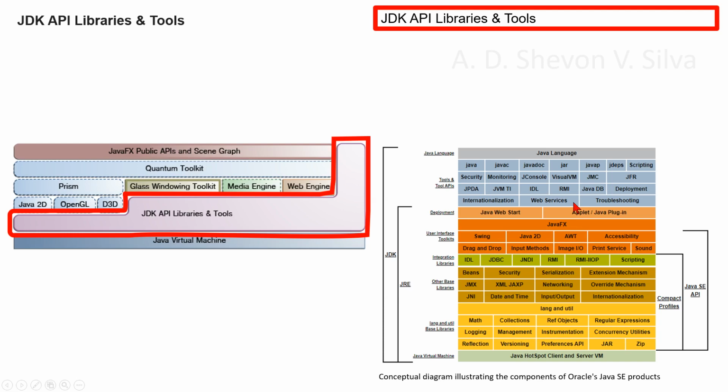WSGen, tool to generate JAX-WS portable artifacts. Sorry, it's WSGen. WSImport, tool to generate JAX-WS portable artifacts. XJC, binding compiler for Java Architecture for XML Binding.